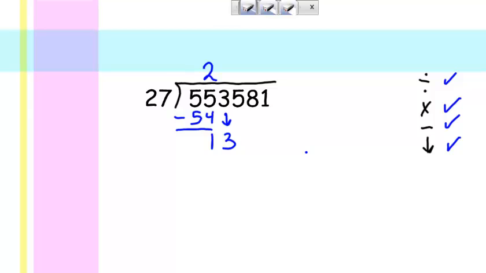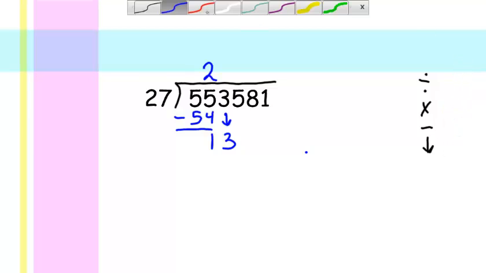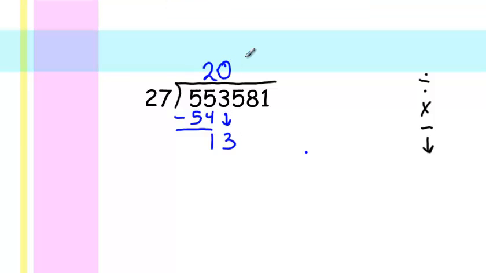Okay, now you're back to the start, and you have to start again with the divide step. 27 goes into 13. Well, 27 doesn't go into 13. It goes in 0 times. Now, when you get good at this, you can skip the multiply and subtract step and just bring down the next digit.